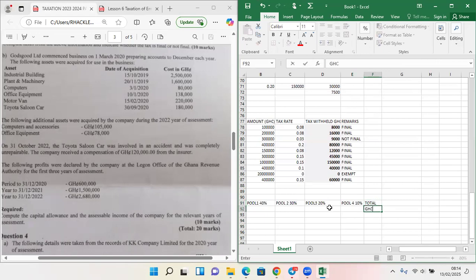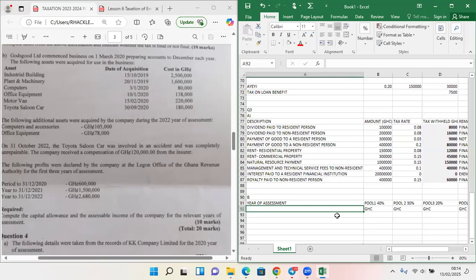So Ghana cedi, Ghana cedi, right. So in the year 2020, where our basis period was 1st March 2020 to 31st December 2020, right?